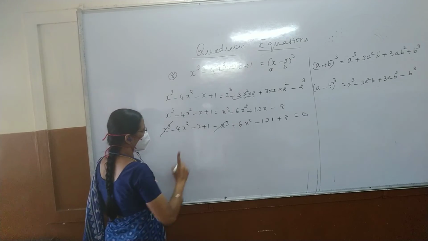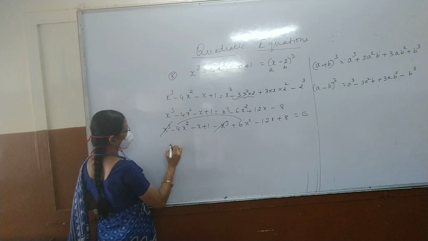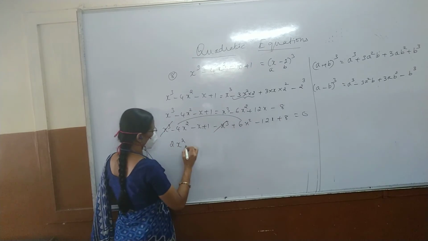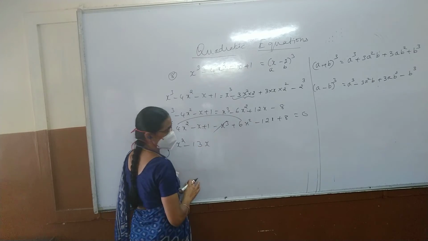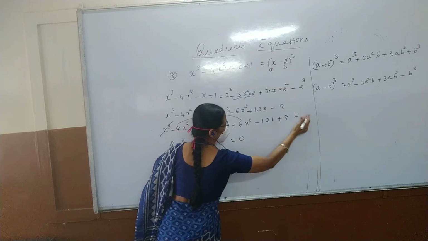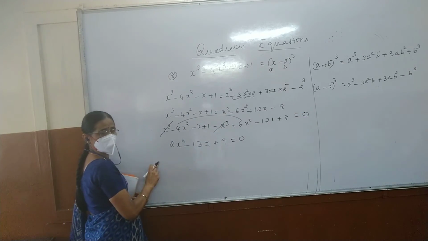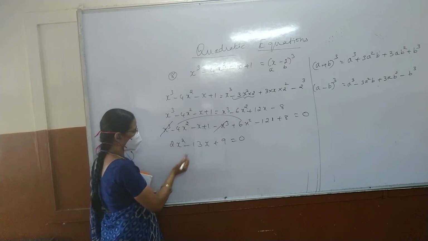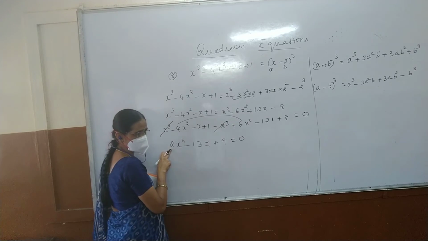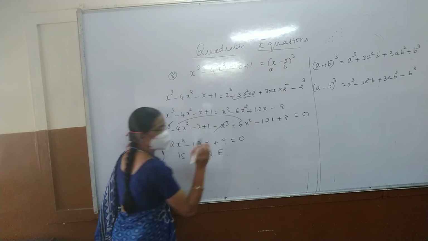What else? Then x square term, minus 4x square plus 6x square, 2x square. Minus x minus 12x, and 1 plus 8 equal to 0. Right? Check whether, yes, what is the degree? 2. And a is not equal to 0. Therefore, this is a quadratic equation.